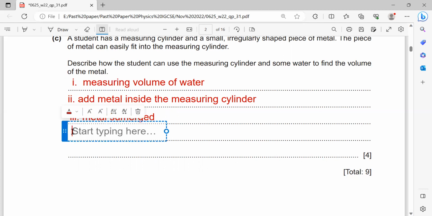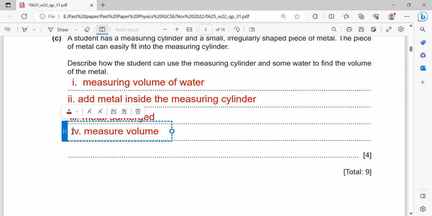And then after the metal is submerged, we should measure the volume of water again after the metal is put inside the measuring cylinder.